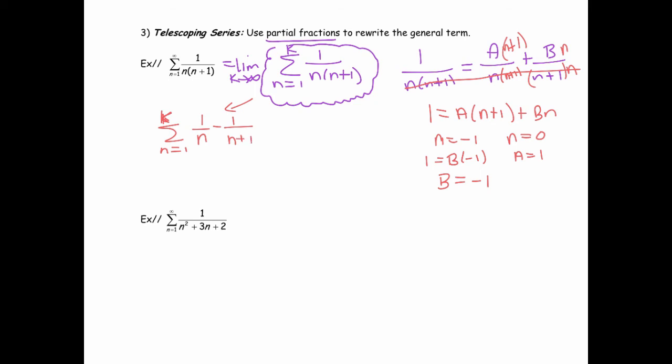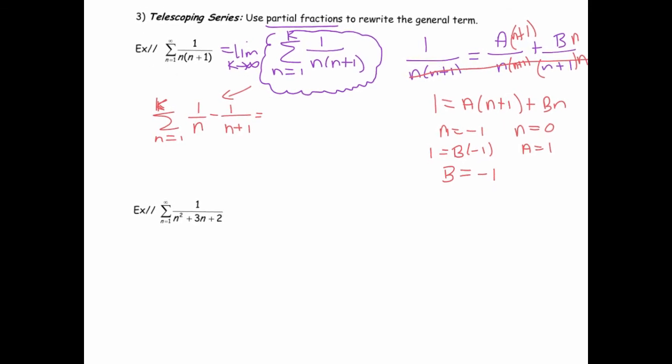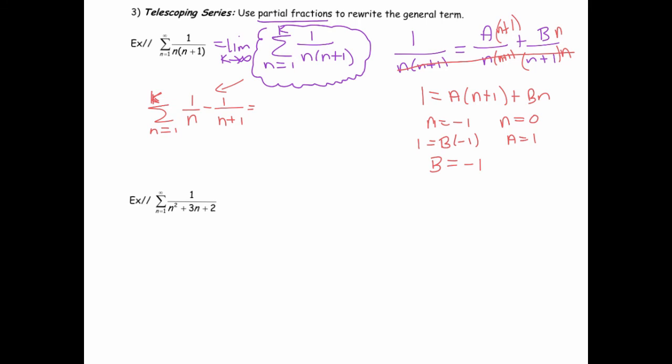And now watch what happens when we write out the terms. This is equal to, when you plug in a 1, you get 1 minus 1 half, plus, and then when you plug in 2, you get a half minus a third.